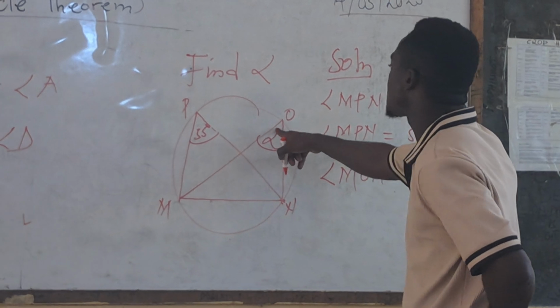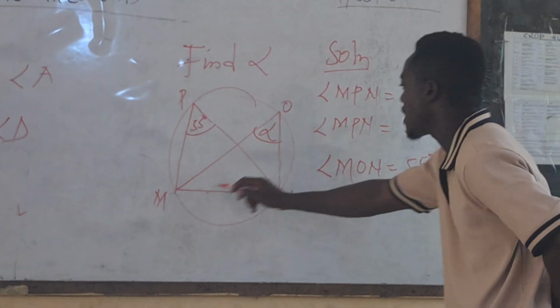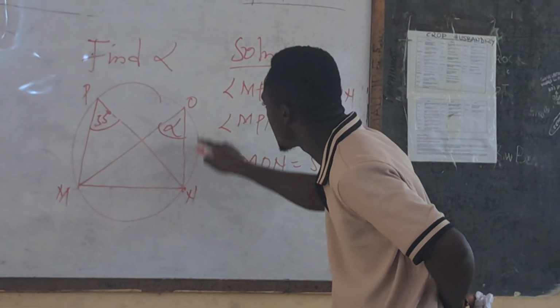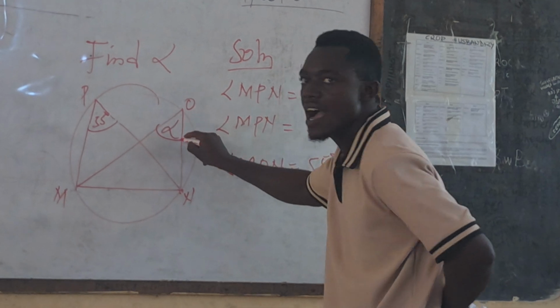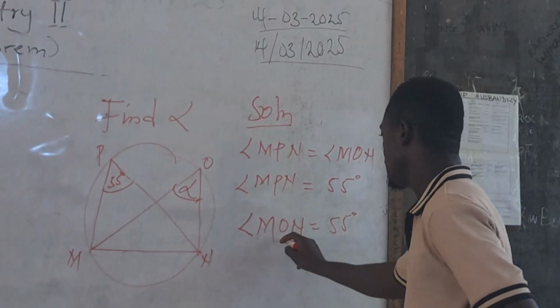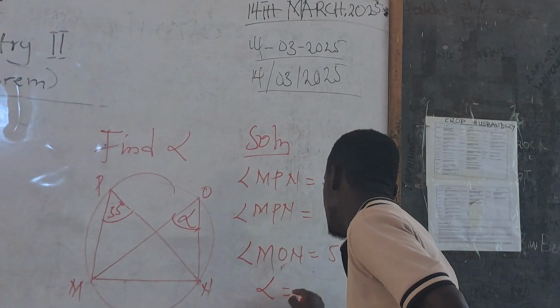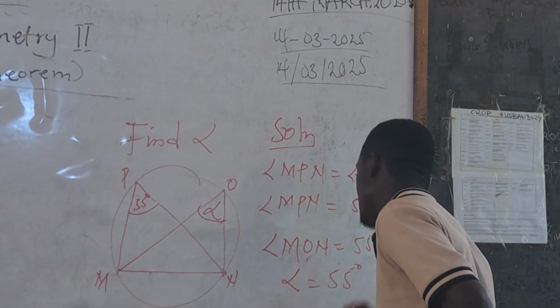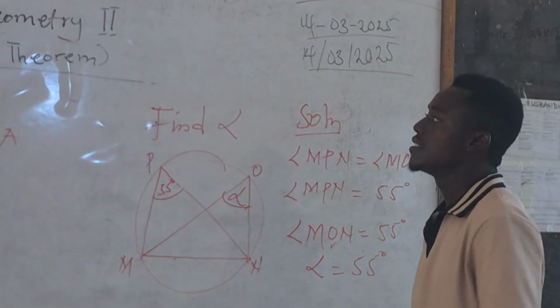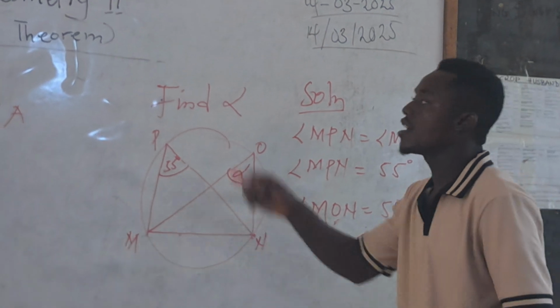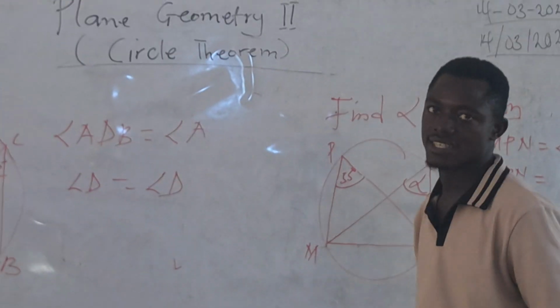Now, what is the alpha? As you can see, MON, and O is at the middle, so alpha here is 55. So therefore, alpha is equal to 55 degrees.